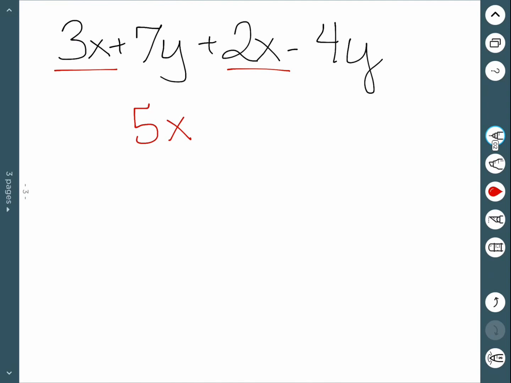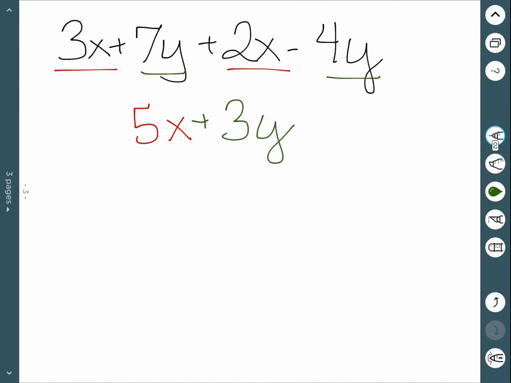Now let's think about the y terms. I have a 7y and a minus 4y. So once again, we add those numbers in front. 7 minus 4 is 3. So we have 3y. Therefore, my final answer is 5x plus 3y.